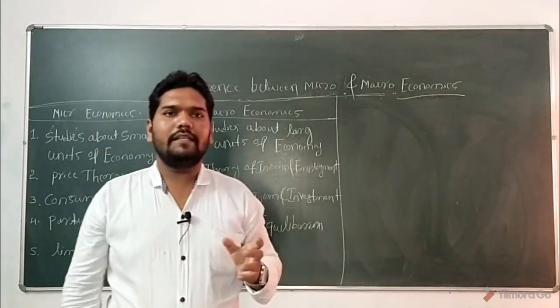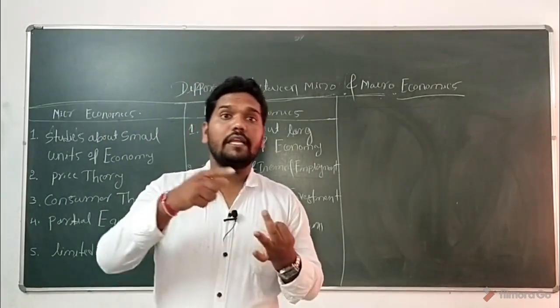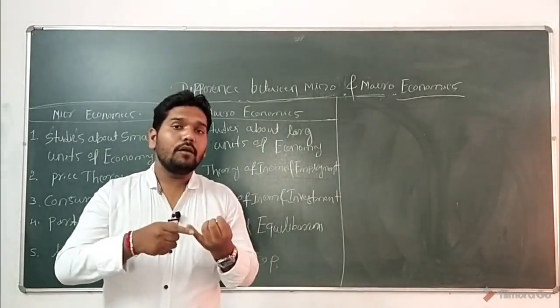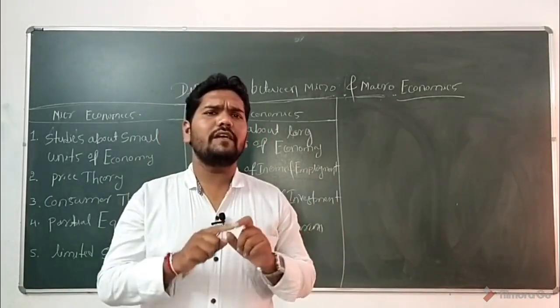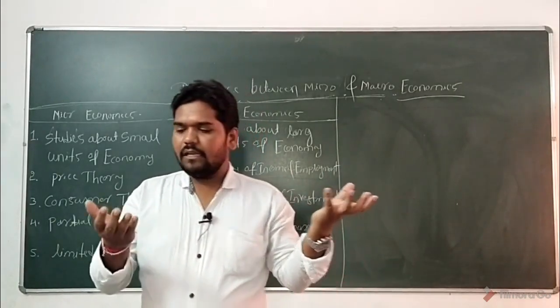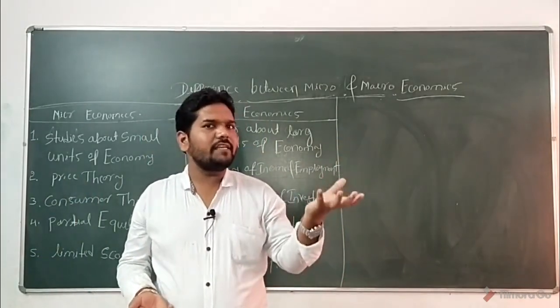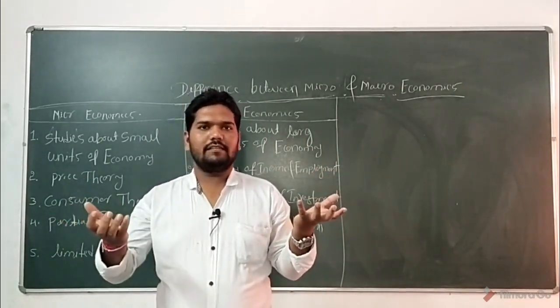They are national income, total production, total investment, total employment, total supply and total demand. Compared to per capita income, national income is a big unit.